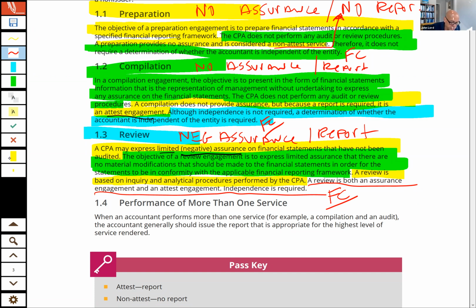Now, I've mentioned this before, but it is possible that you will walk into a client. I had an engagement a long time ago where I asked to see their general ledger, and they handed me an Excel spreadsheet with accounts going across the top and then totals of what was in those various accounts going across the bottom.